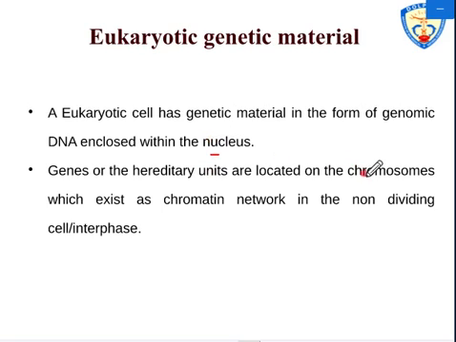On these chromosomes, genes or hereditary units are located. These chromosomes vary in shape during the different phases of the cell cycle. They can be thread-like in appearance. At the time of cell division, they become condensed, highly packaged into structures that are known as chromosomes.